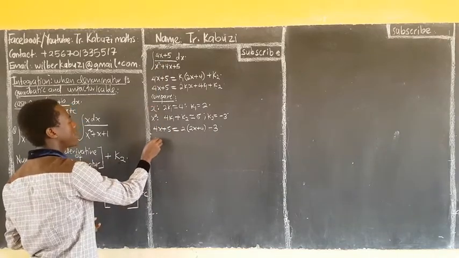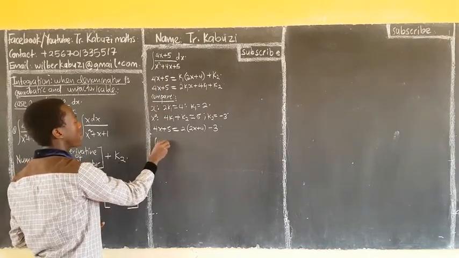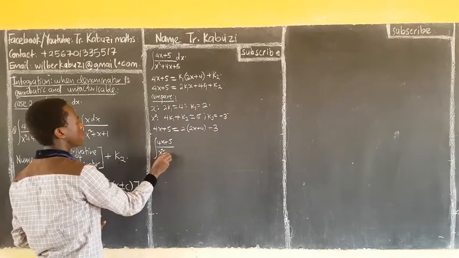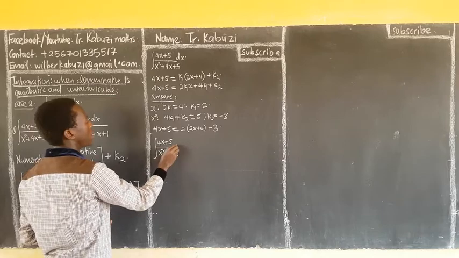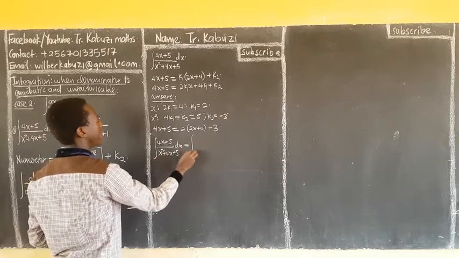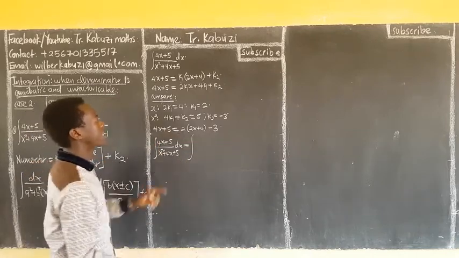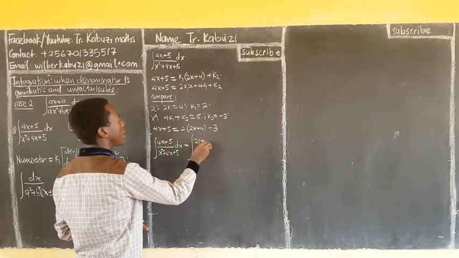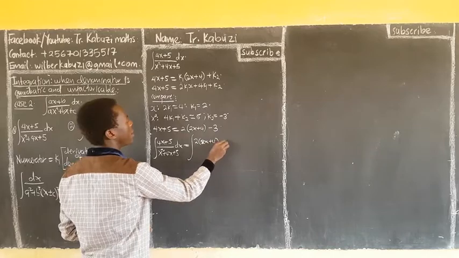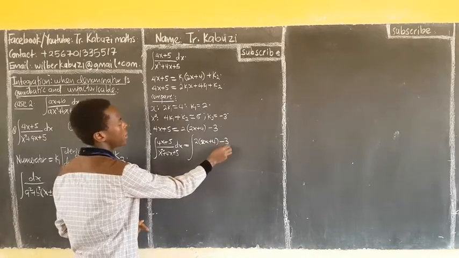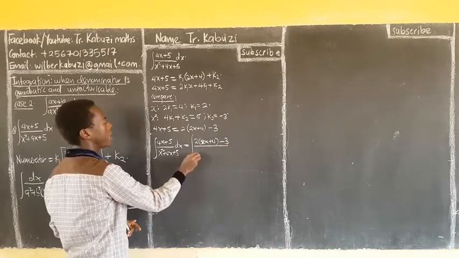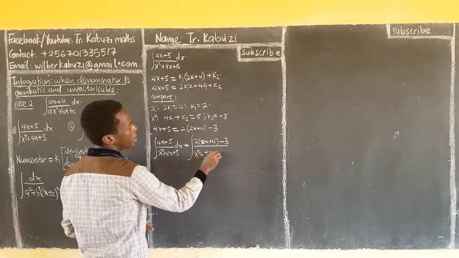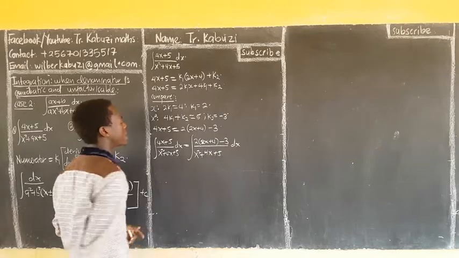So now my integral will be the integral of the whole of this numerator, 2 into 2x plus 4, then minus 3, the whole over x squared plus 4x plus 5 with respect to x.